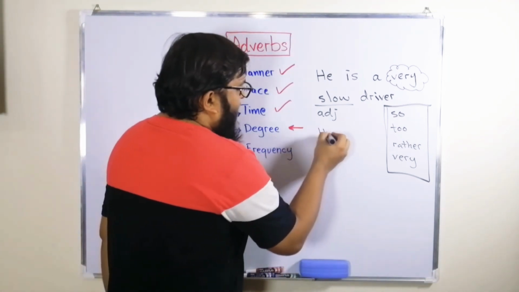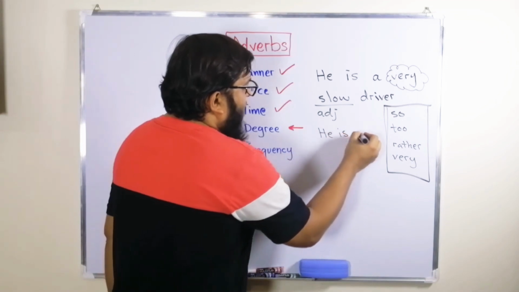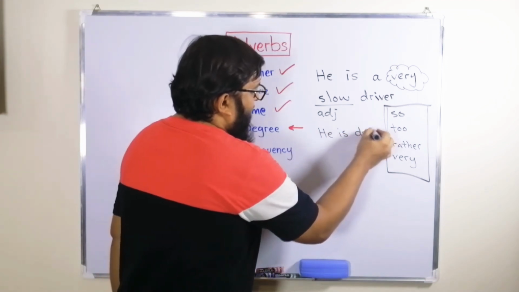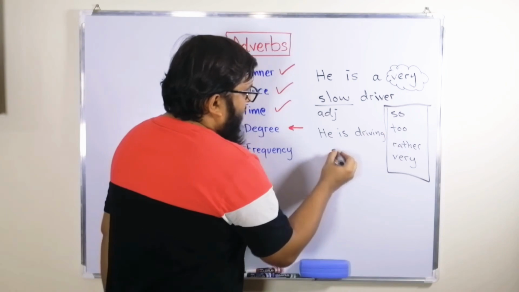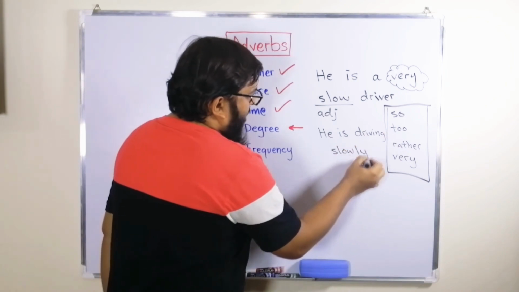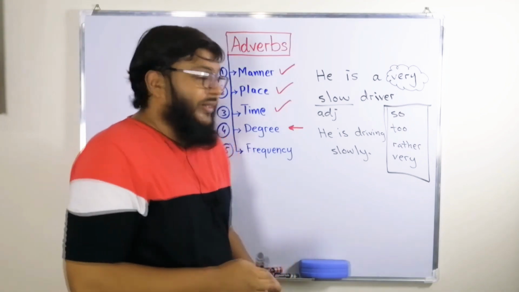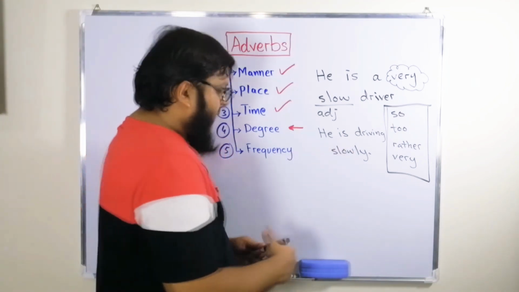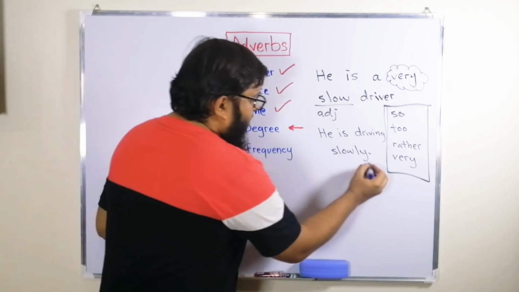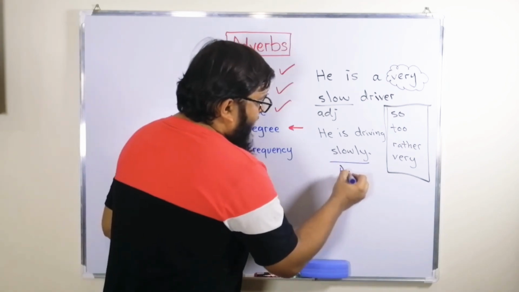We have another example here. He is driving slowly. This is a complete sentence according to the sentence structure. He is driving slowly, and this word is an adverb, right?